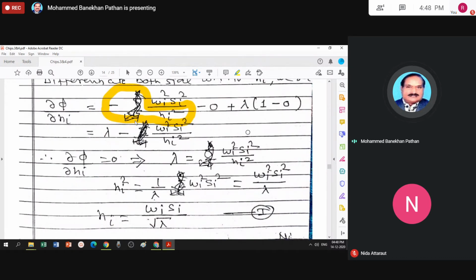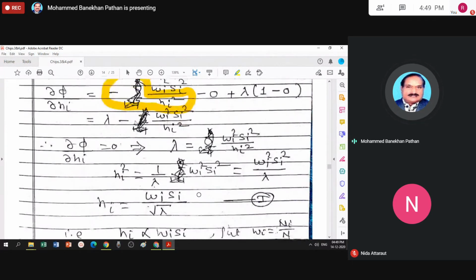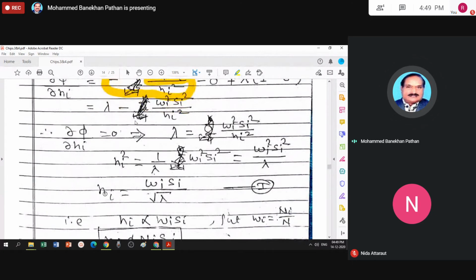Now from this equation, you can try to find Ni. Take Ni square on the left side, lambda goes to right side, and then take the root of Ni. So Ni becomes Wisi root lambda.